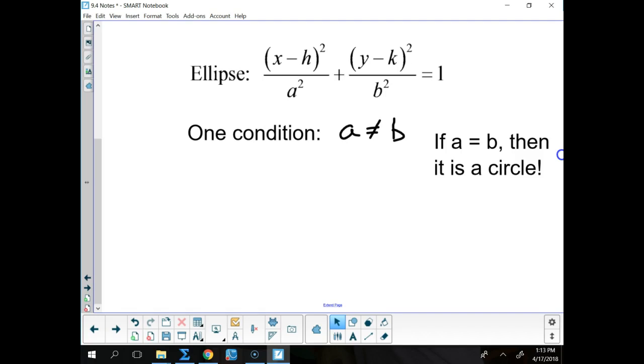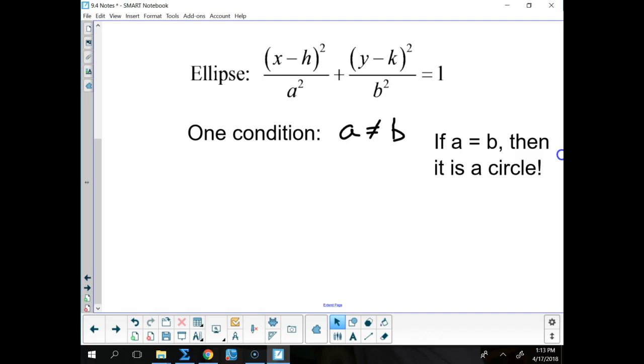So A and B are going to be different numbers. We'll talk about this in a minute, but whichever one is bigger, A or B, is going to determine what our ellipse looks like. If A is bigger than B, we're a horizontal ellipse.